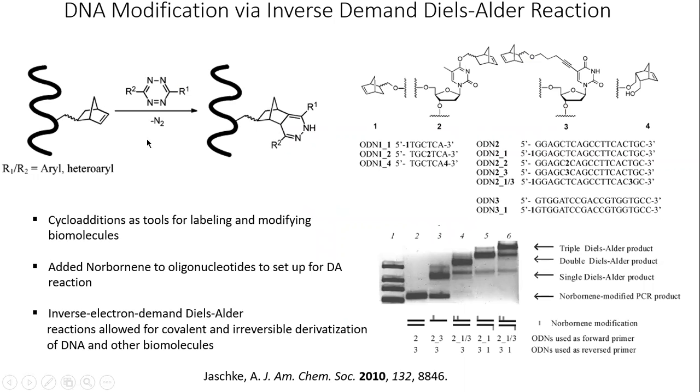So what they did was took the norbornene side chain or side group, functional group, and they added it to one of the side chains of a biomolecule like DNA or some other polypeptide. So they did these cycloaddition reactions to label these biomolecules so they could track what's happening with the polypeptides and other reactions. So this was also an inverse demand Diels-Alder, right?